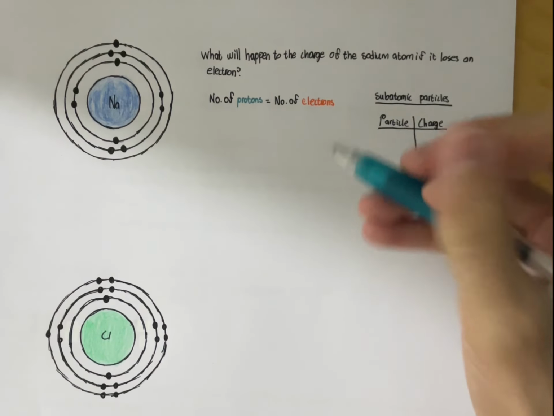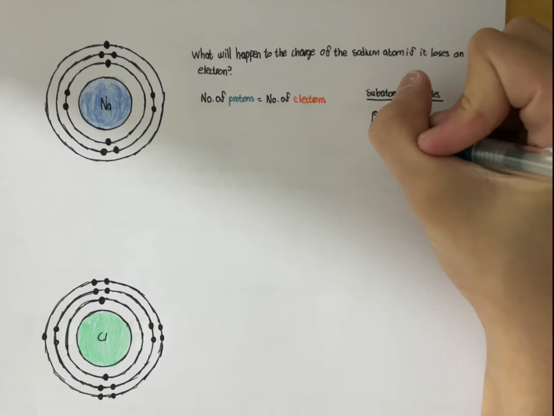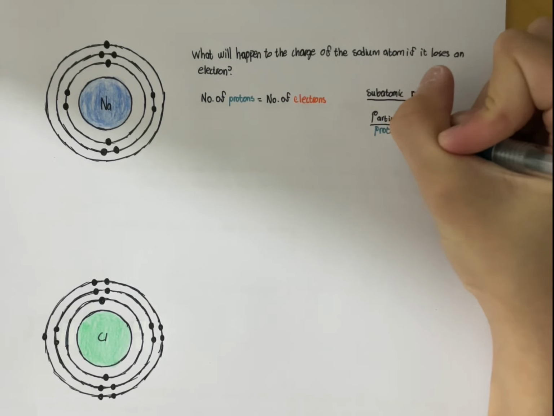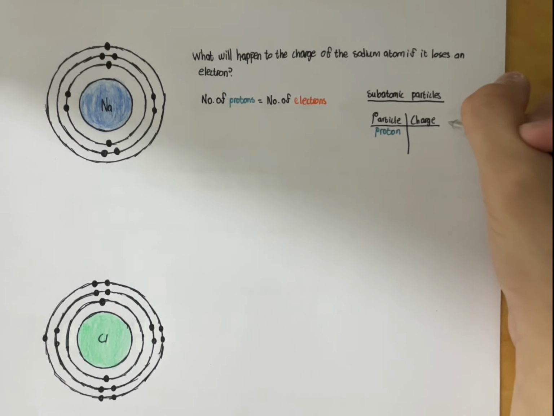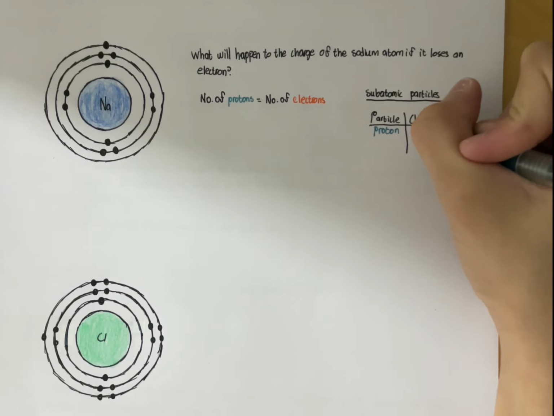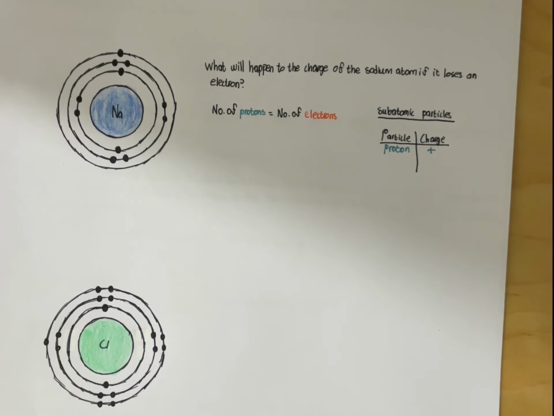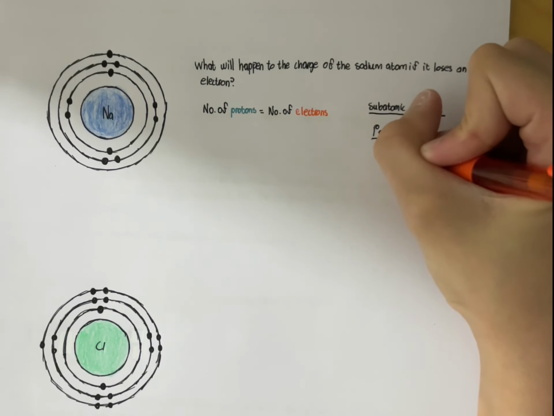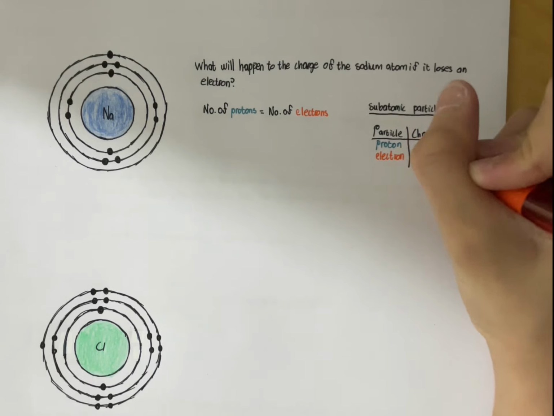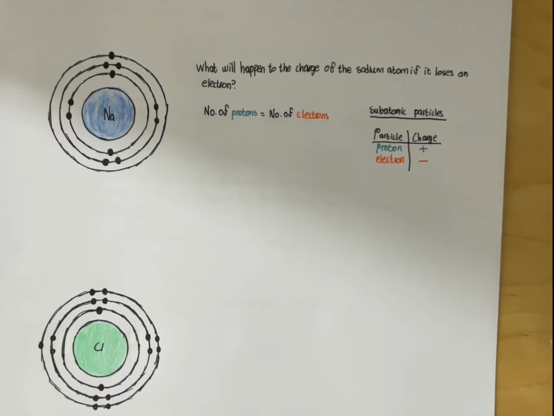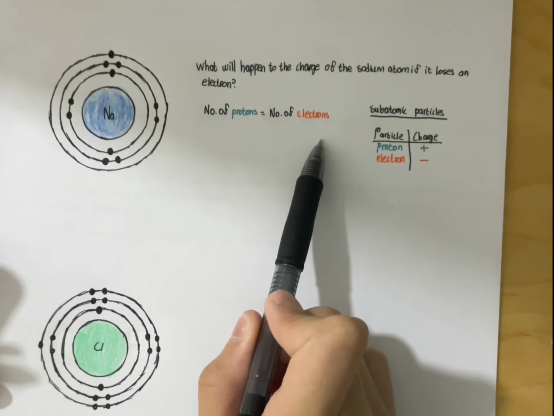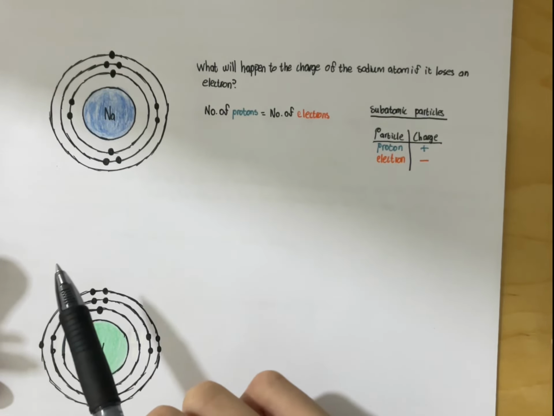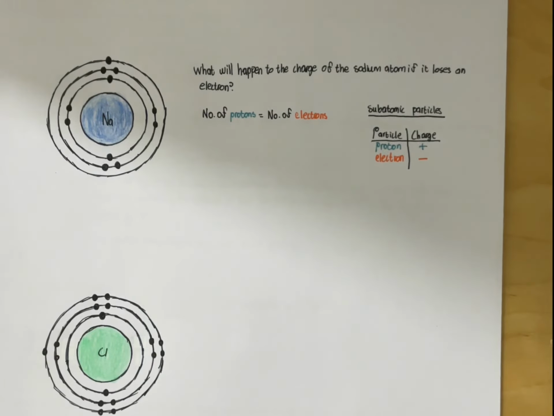If we have a proton, its charge is going to be positive, and if we have an electron, its charge is going to be negative. So therefore, as the number of protons is equal to the number of electrons, there's gonna be no charge.